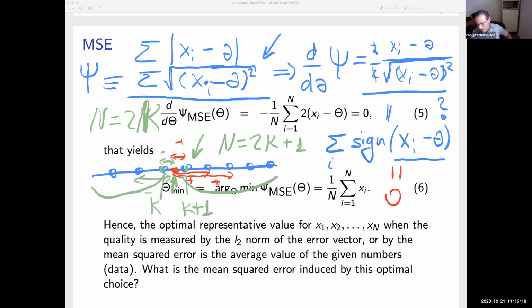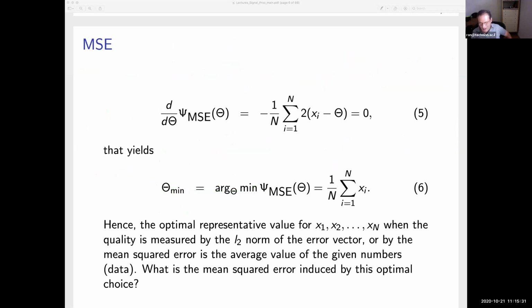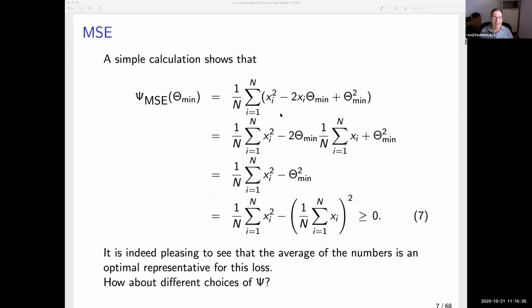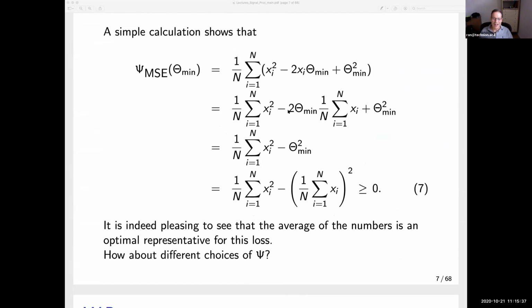It would yield a derivative which is equal to 0, which would be a minimum. Okay, so this is the idea.